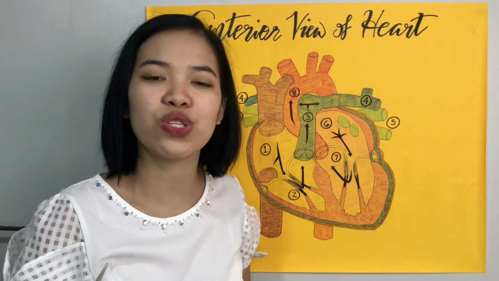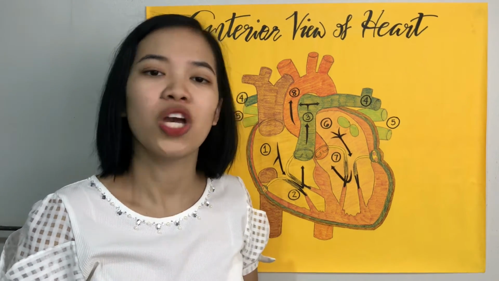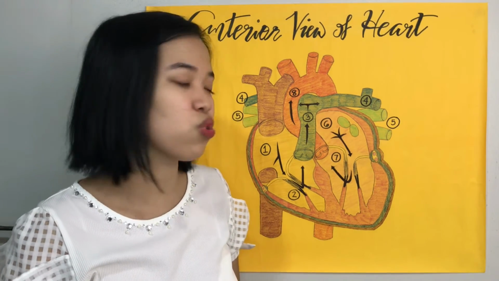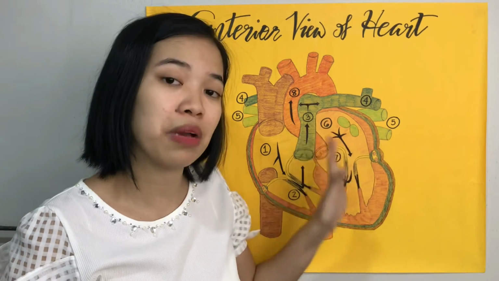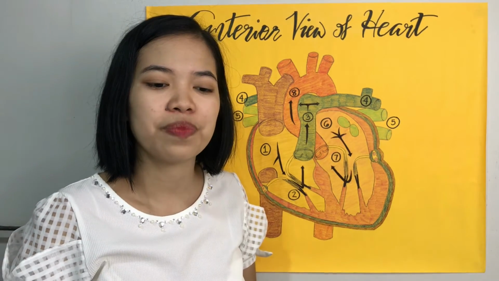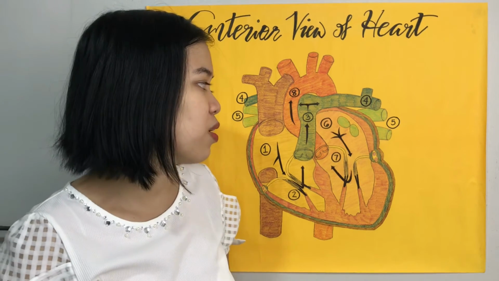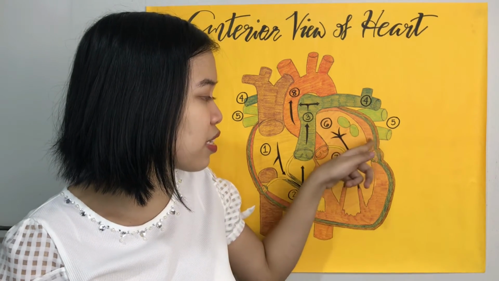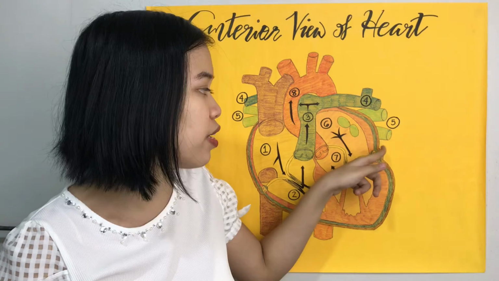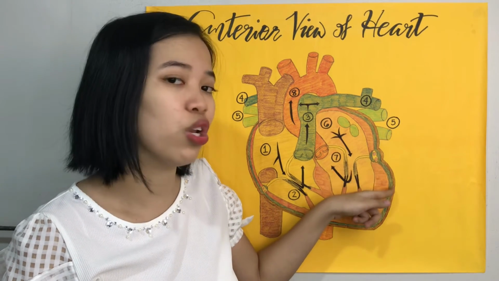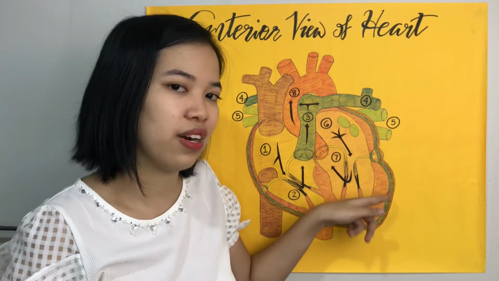And then we also have the circumflex artery, which extends from the coronary sulcus to the posterior part of the heart, or the back part of the heart. And then we also have the left marginal artery, which is the same as the right marginal artery, because from the circumflex going to the posterior part of the heart, it is connected and extends to the lateral wall of the left side of the heart.